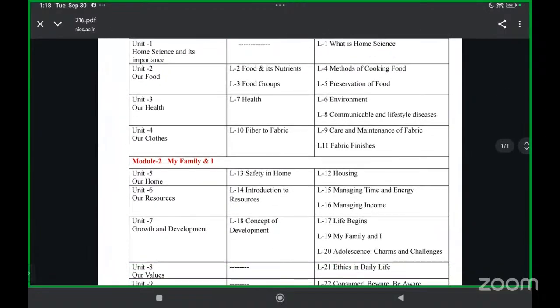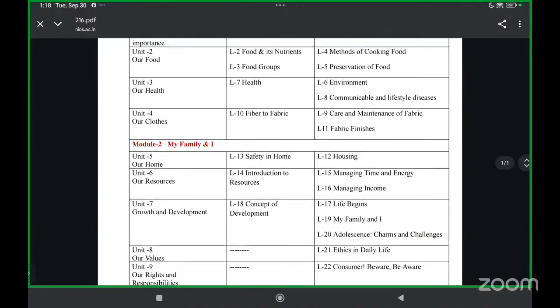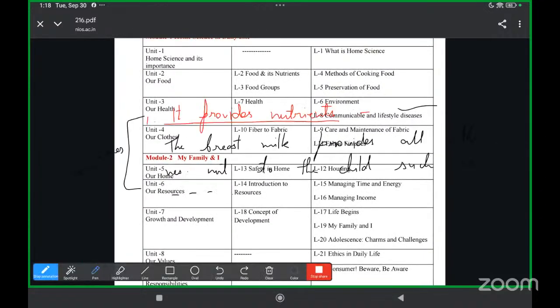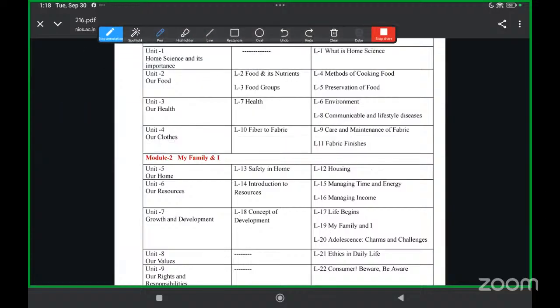These are the lessons in the public examination side that are going to be there in your final exam. Out of these, for the quarterly paper, we will keep 4 to 5 lessons. I told you that I'll be giving till managing income.